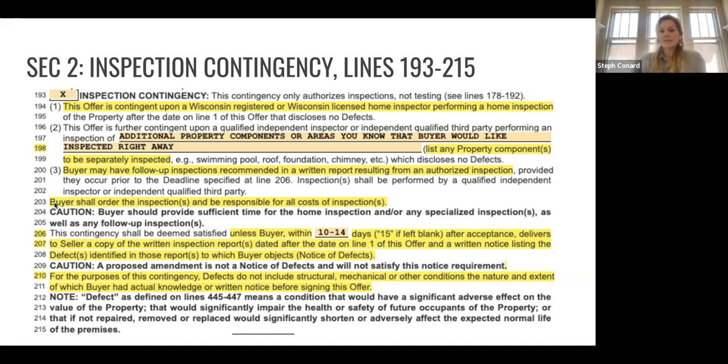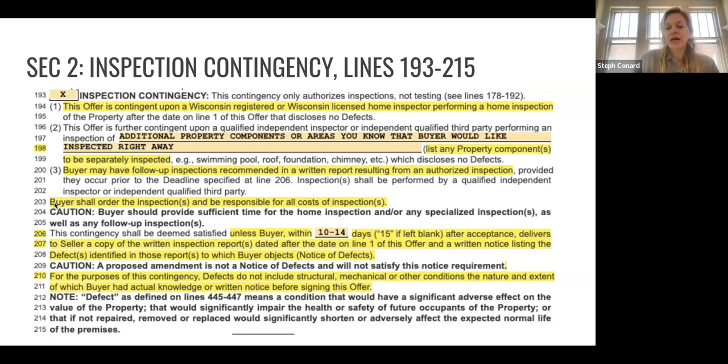So in practice, you're going to have your general home inspection, and the buyer, based off of what the general home inspection finds, may have follow-up inspections recommended in that general home inspection report. Bullet point 2, where you might want to list any additional property components or areas that you know that the buyer would like to have inspected right away.